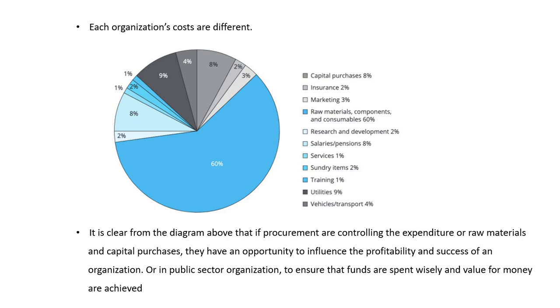It is clear from the diagram above that if procurement are controlling the expenditure on raw materials and capital purchases, they have an opportunity to influence the profitability and success of an organization. Or, in a public sector organization, to ensure that funds are spent wisely and value for money is achieved.